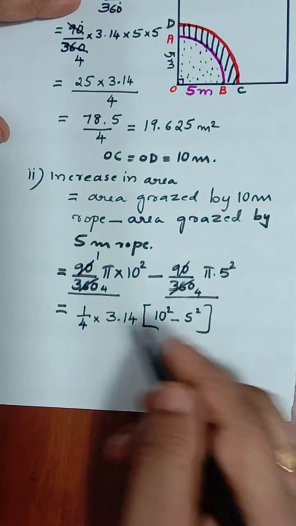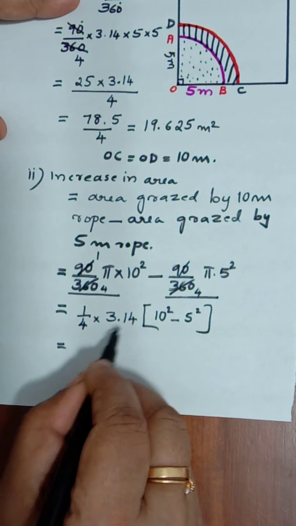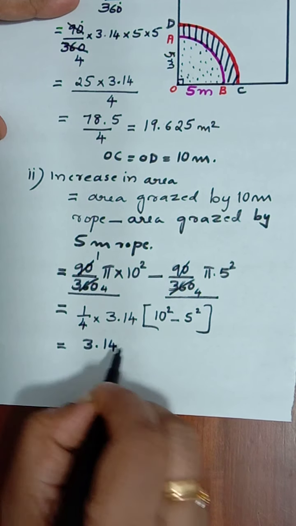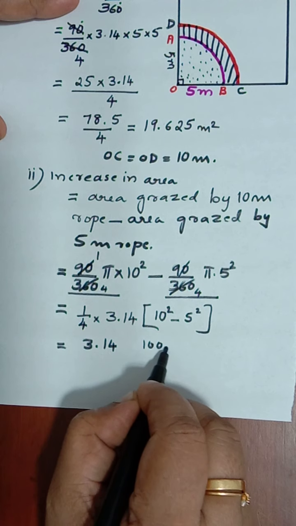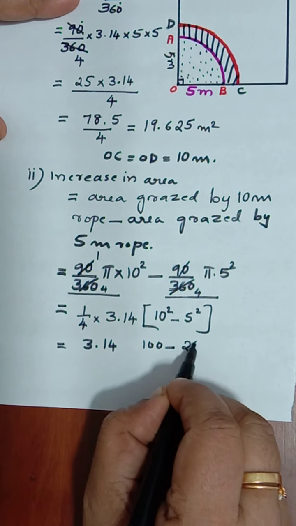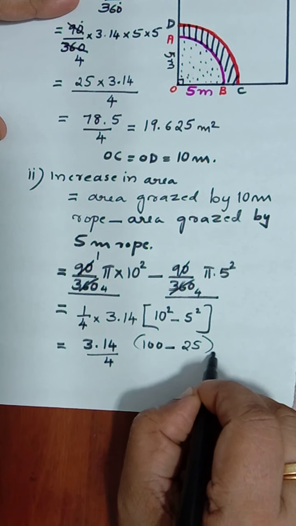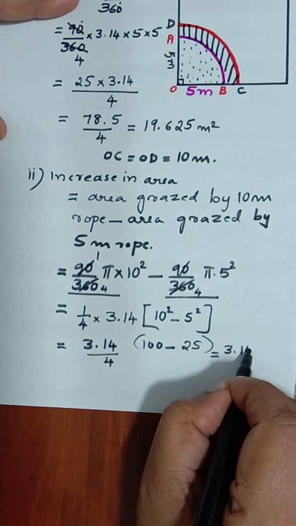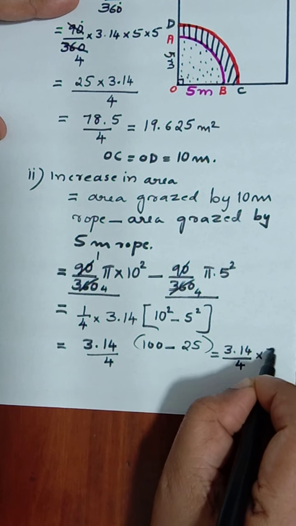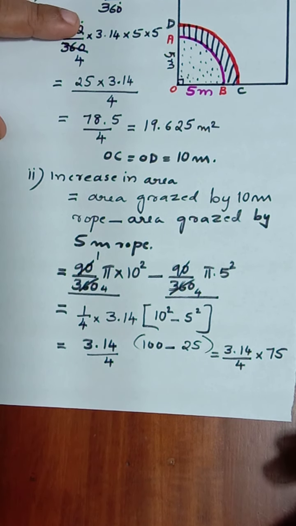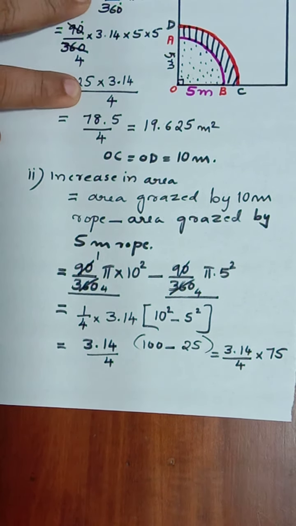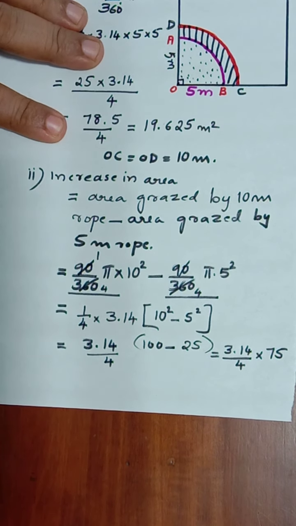10 square minus 5 square. So, here we have 1 into 3.14, 10 square is 100 minus 5 square is 25 divided by 4. What is that equal to? 3.14 by 4 into 75. Now we have to multiply 3.14 into 75.